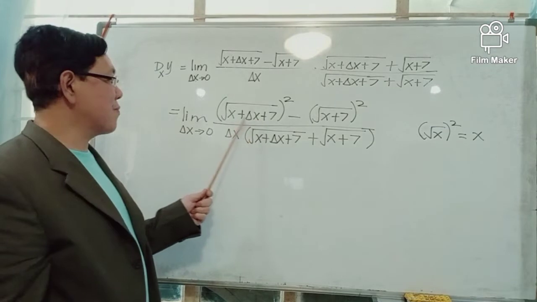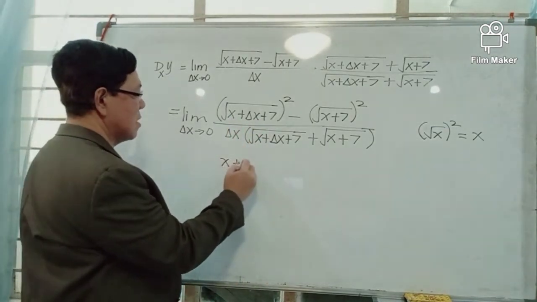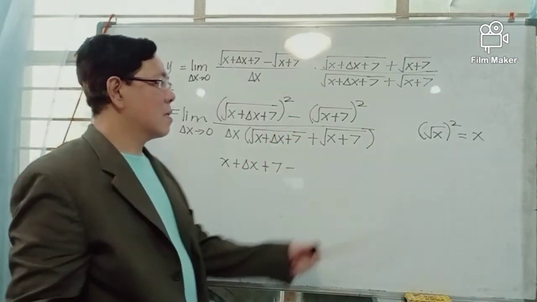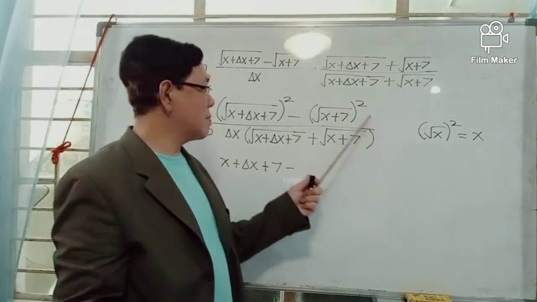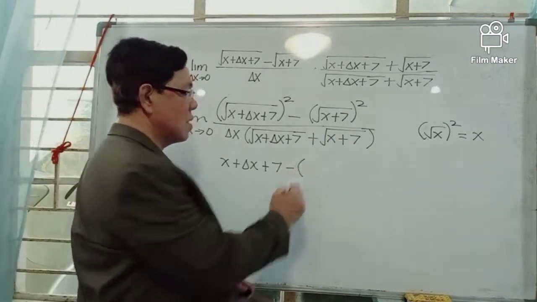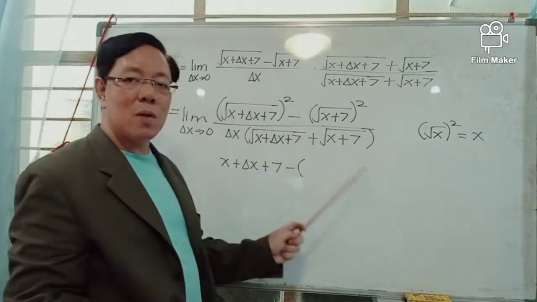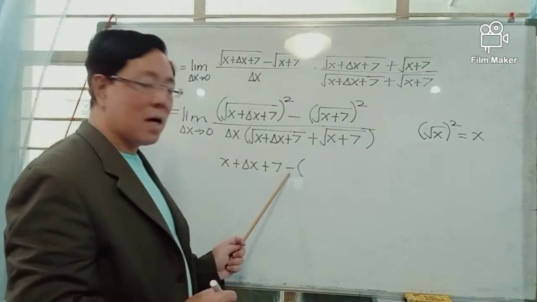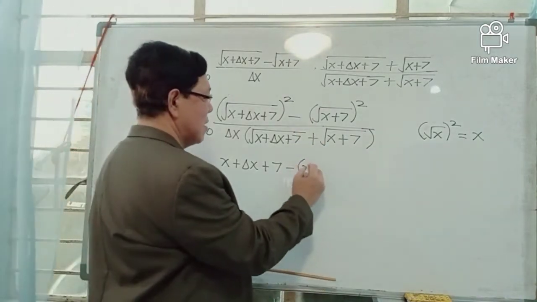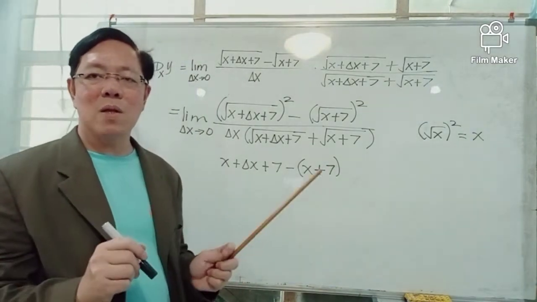So the first term simplifies to x plus delta x plus 7, minus, applying this property, the square of the square root of x plus 7. Since the radicand has two terms, we write it in parentheses and take its negative. It's the negative of the sum x plus 7.